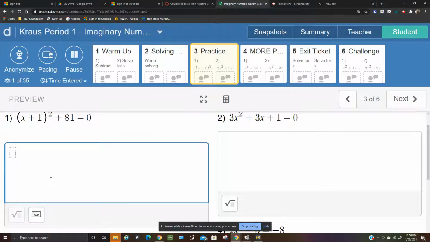This one, subtract 81 from both sides. And take the square root. Subtract 1.